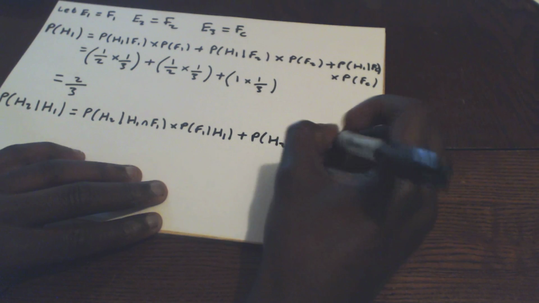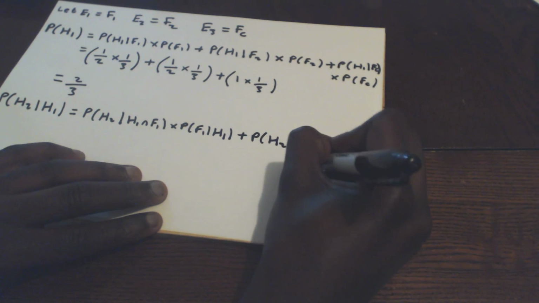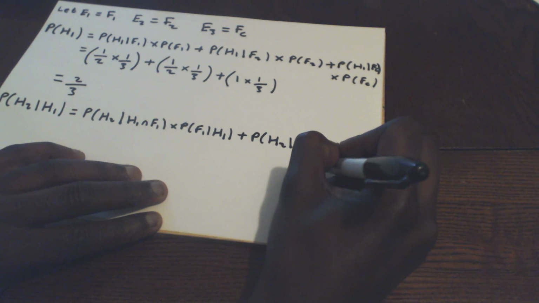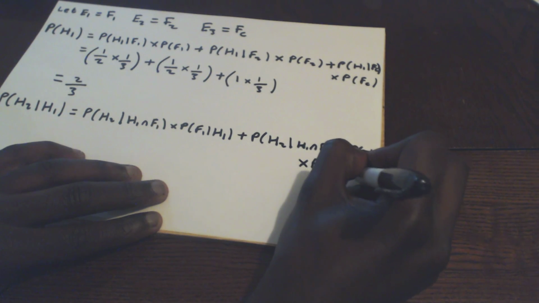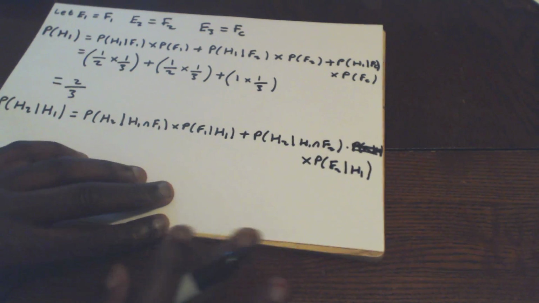Let me just write that out again. Times the probability of F2 given H1.